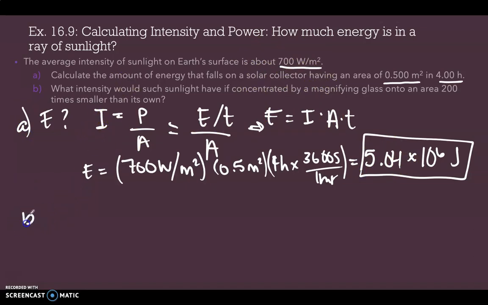Now part B: what intensity would such sunlight have if concentrated by a magnifying glass onto an area 200 times smaller than its own? So what would the intensity be if the area was 200 times smaller?